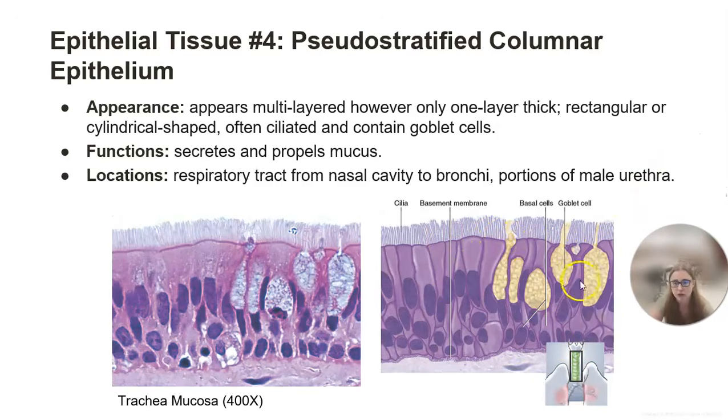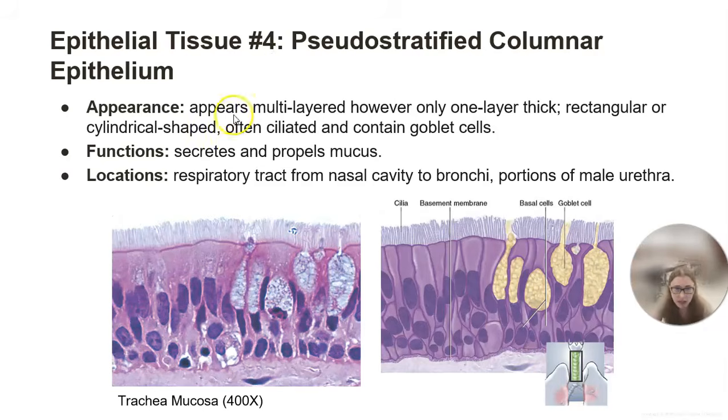And that's what makes this pseudostratified, false layered. It's one layer of cells in the sense that everybody's anchored to that basement membrane, but it appears many layered because some cells are tall enough to reach the lumen, not everyone is, and that causes the nuclei to end up stacking around each other.